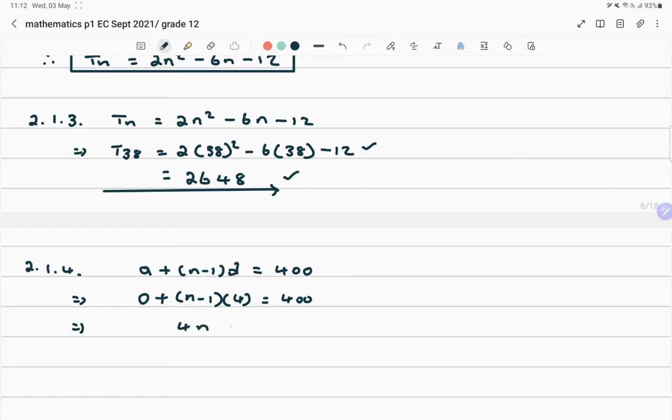We can see that 4n minus 4 is going to be equal to 400, which also implies that 4n is going to be 404. Therefore, our n, when we divide throughout by 4, so let's see, 404 divided by 4, it's 101.